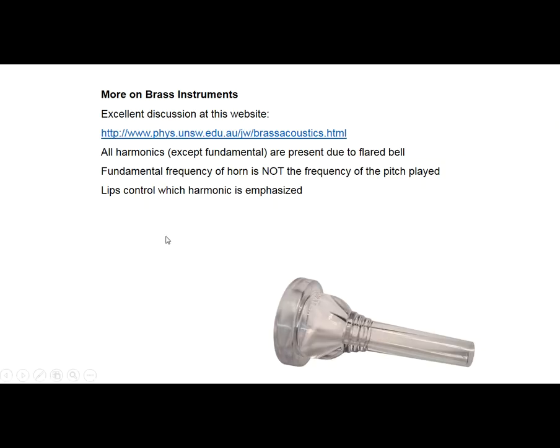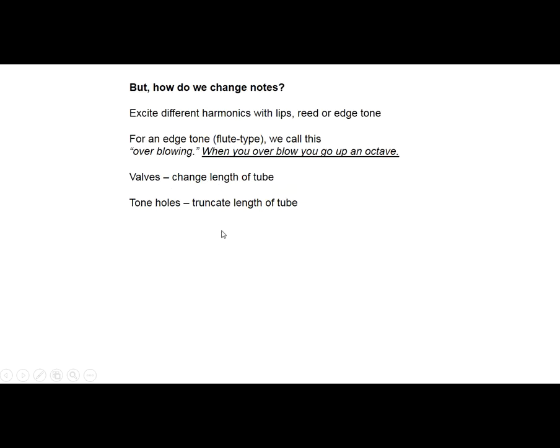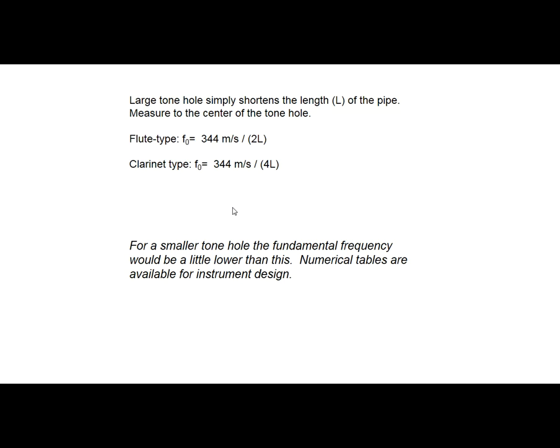A little bit more information about brass instruments, in case you're curious: the way that notes are changed in some of these instruments is by either overblowing, which creates higher harmonics, and also changing the valves or changing the tone holes in the instrument. The tone hole essentially changes the length of the pipe effectively.